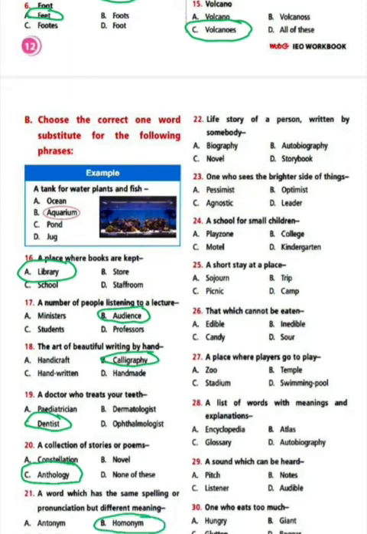So in your exam also, if you think that any question is there which you have not studied or which you don't know, then like this you can just eliminate the options which you already know are not the right answers. You just keep on eliminating, and then there will be a time when you will almost be sure that okay, this is the answer, this is the word for which I don't know anything. The rest of the words I know almost what the meaning is. So the word for which you don't know anything will become your answer.